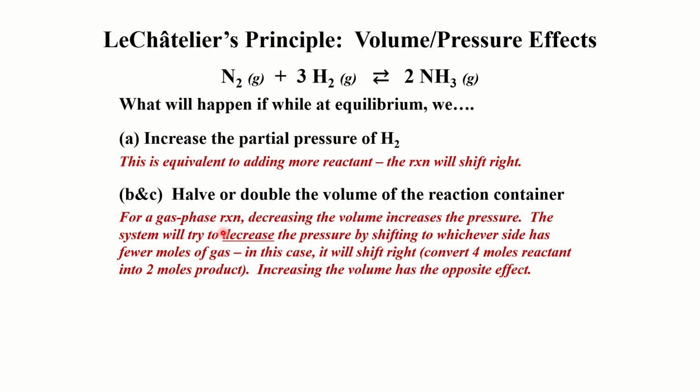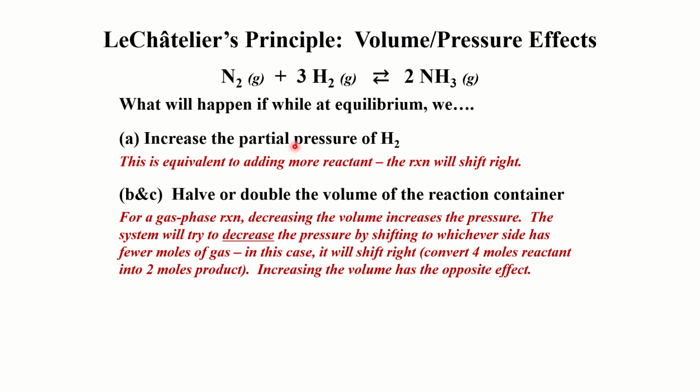It doesn't like that it's been squeezed tighter than it should be. It makes it unstable. And so the system is going to try to counteract that increase in pressure by decreasing the pressure. It will do so by shifting to whichever side has fewer moles of gas.